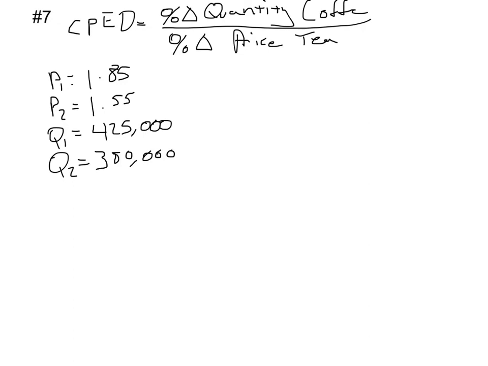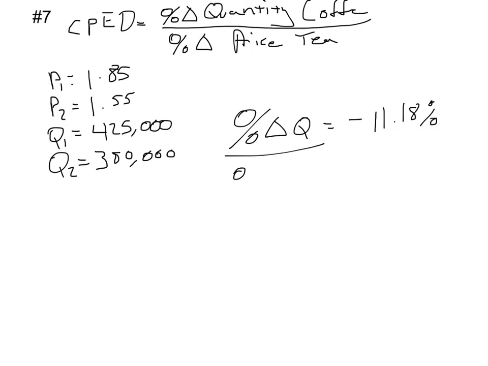I'm not going to do that. I'm just going to tell you what the percentage changes in quantity demanded and in the price of tea are. The percentage change in quantity of coffee winds up being a decrease of 11.18%, and the percentage change in price of tea winds up being a negative 17.65%.